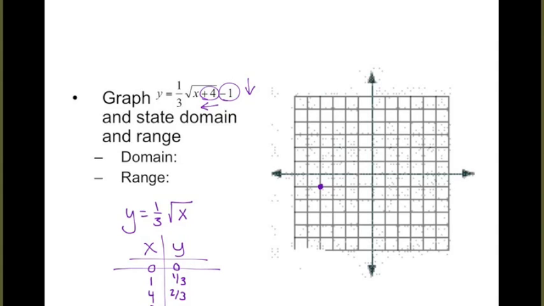Now we're going to plot those points from the endpoint, not from the origin. So from our endpoint, I'm going to go over 1 and up 1/3. Then from the endpoint, go over 4 and up 2/3.